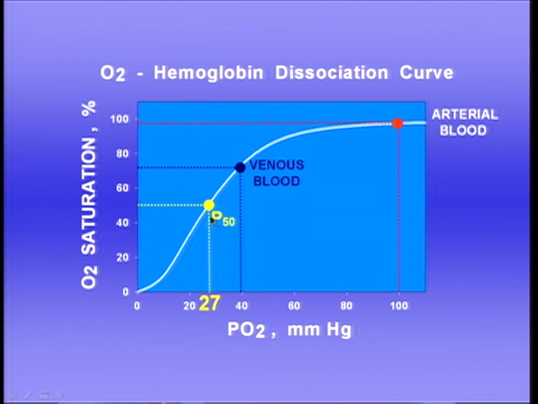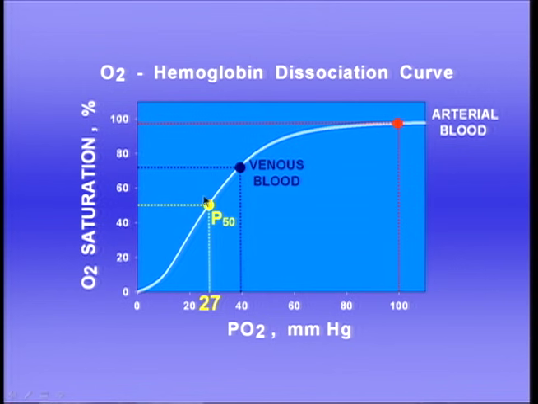And then another useful anchor point is what's called the P50. The P50 is the partial pressure of oxygen for 50% saturation, and in normal arterial blood, the value is about 27. So these three anchor points are quite useful.